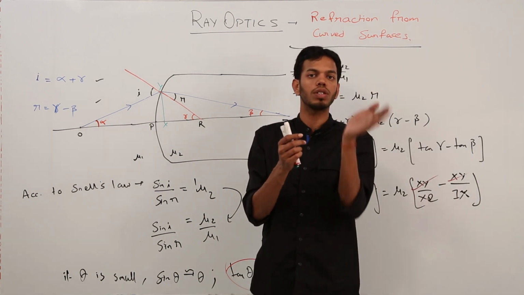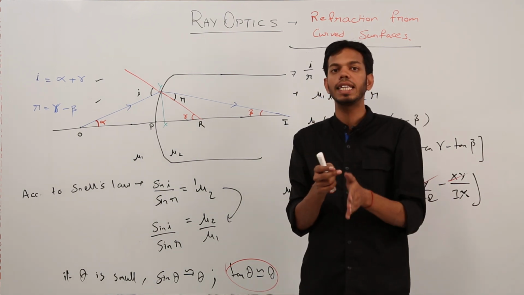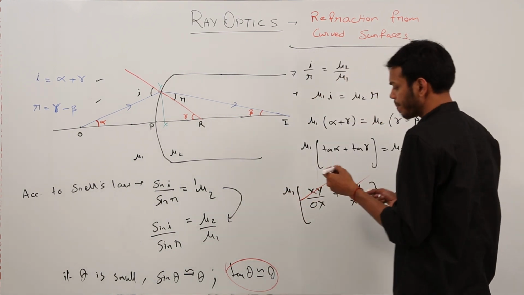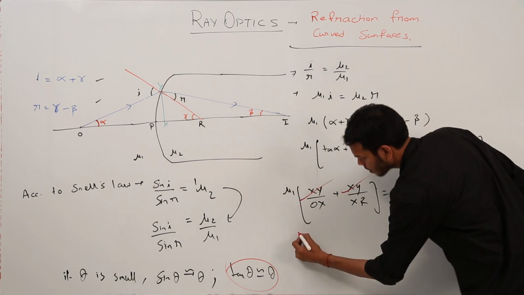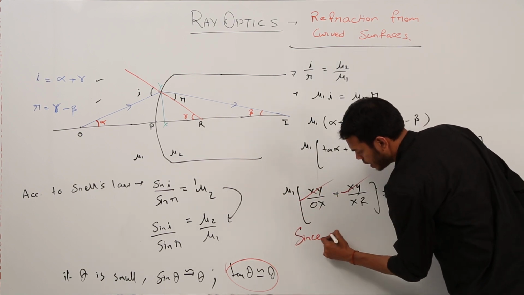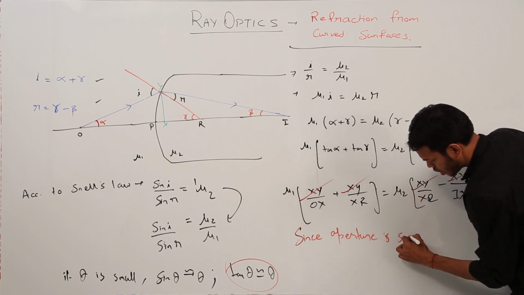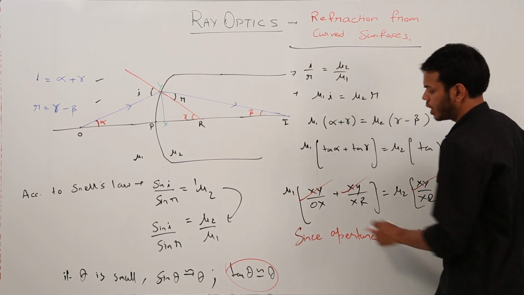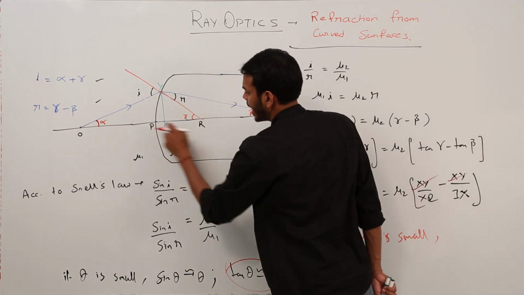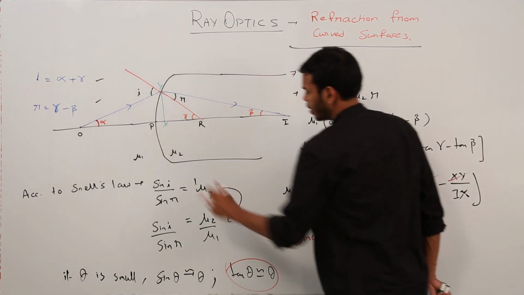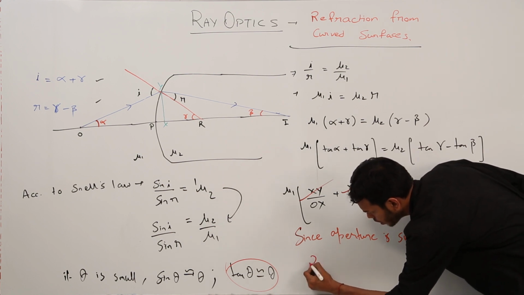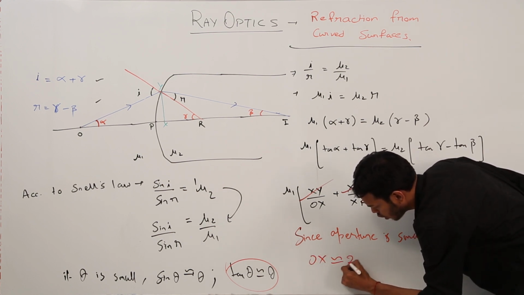The depth of the surface from the straight sliced part is called aperture. So since aperture is small, OX can be taken as equal to OP. So OX is almost equal to OP.